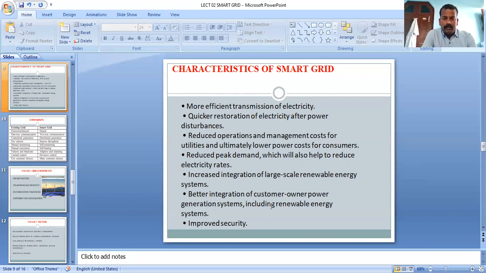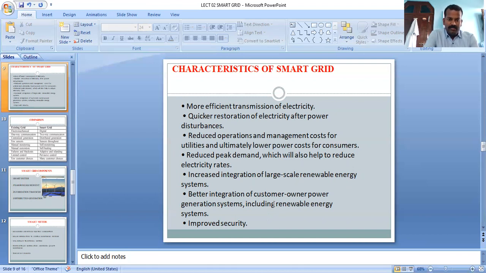Better integration of the customer and owner power. In this point you can understand integration of the customer and owner. Owner means owner of the grid, and customer is like us.